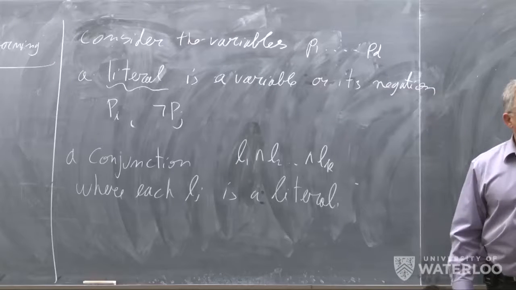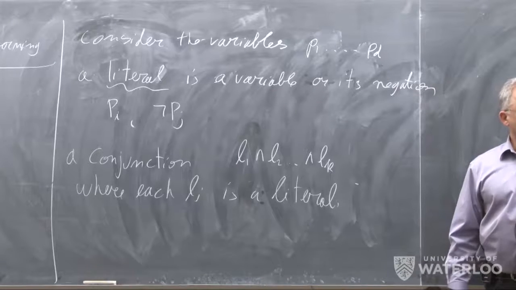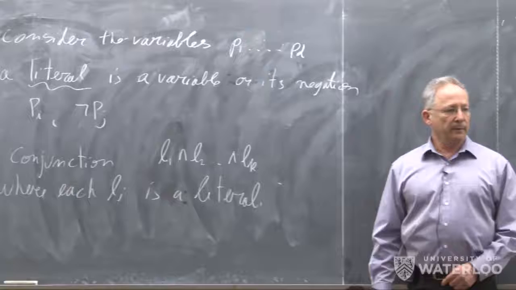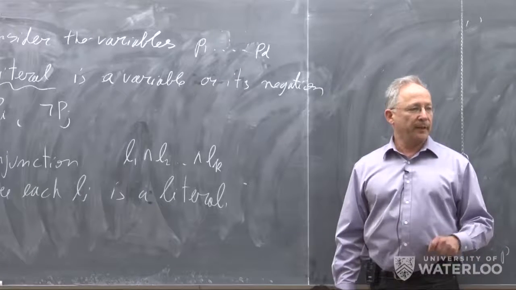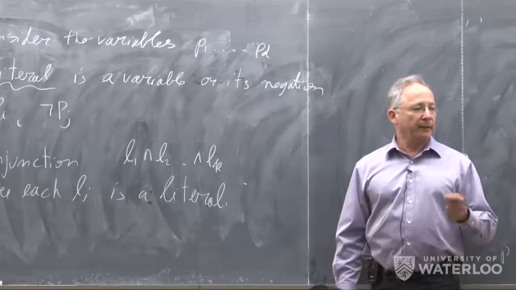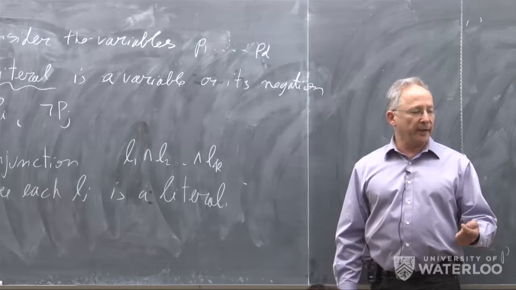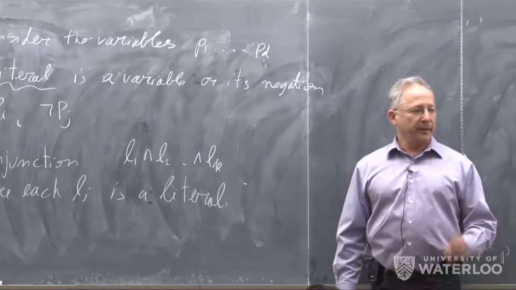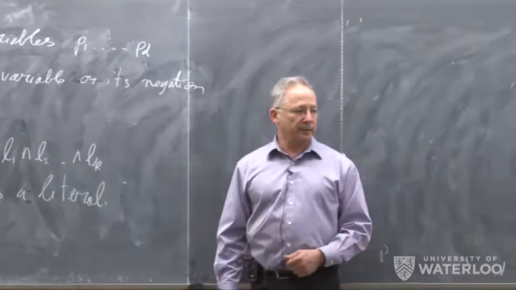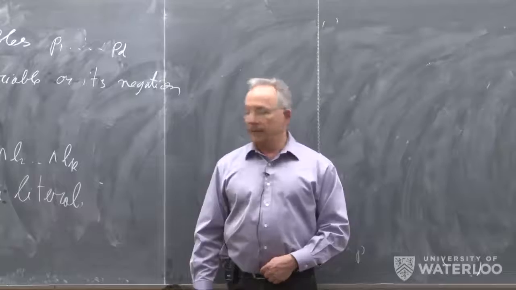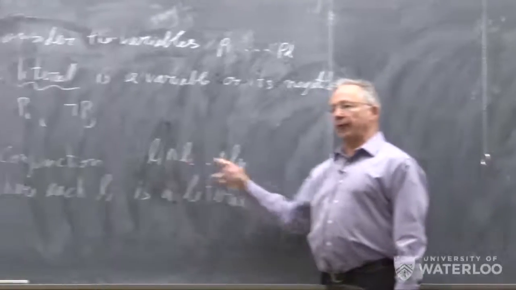Is a literal a variable and the negation of the same variable? Yes, each variable generates two literals, itself and its negation. Right? So why is this a class of natural things?